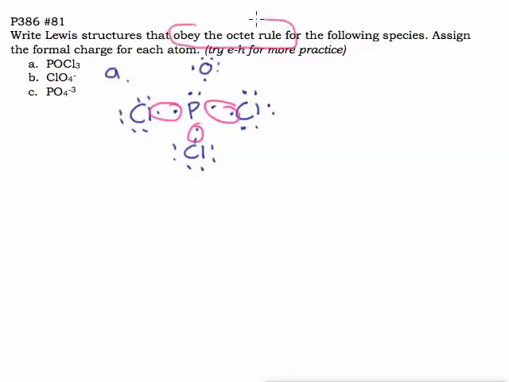We can't put more than 8 electrons on that phosphorus. What happens instead is this one scooches over, and this previously unshared pair becomes a shared pair. This results in phosphorus single bonded to 1 oxygen and 3 chlorine atoms.